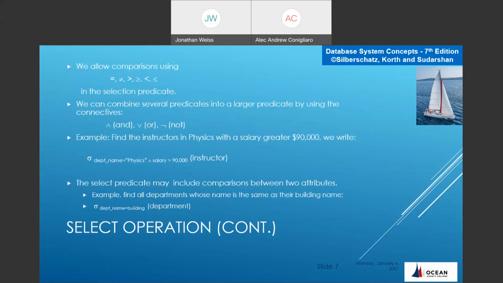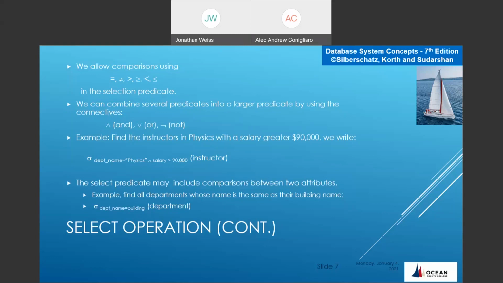We can also use various other symbols in our predicate. We can use equal, not equal, greater than or equal, less than or equal to. And we can also use ands, ors, and nots, logical operators.